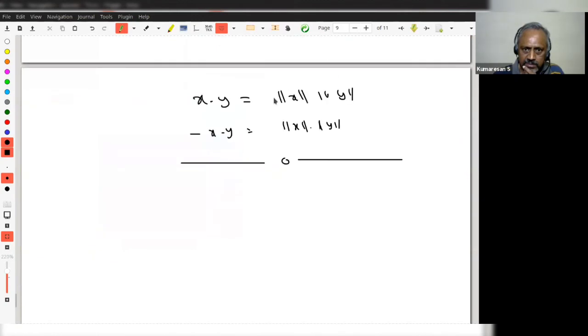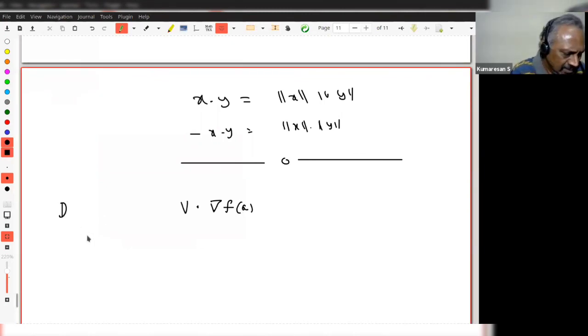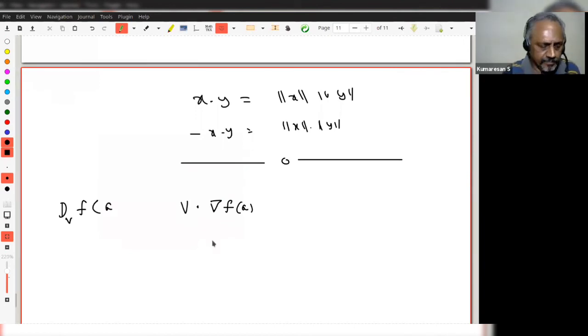Maybe I should write again. Okay, this is the direction in which it's going to be there. This is your gradient, delta f at a. This is your directional derivative, right? Directional derivative of f in the direction of V. So this I want to maximize.